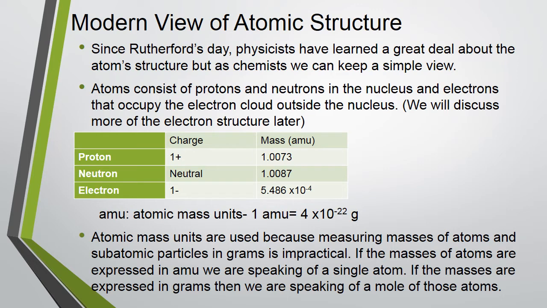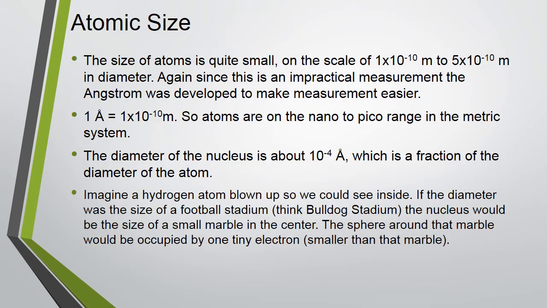We're not going to set one single atom on a balance and measure in grams. So if the masses of atoms are expressed in AMU, we're speaking of a single atom. If we look at the mass on a periodic table and express that mass in grams, then we're actually talking about a mole of those atoms. So we have two different scales, either AMU when we're talking about a single atom, or grams when we're talking about a mole of atoms.